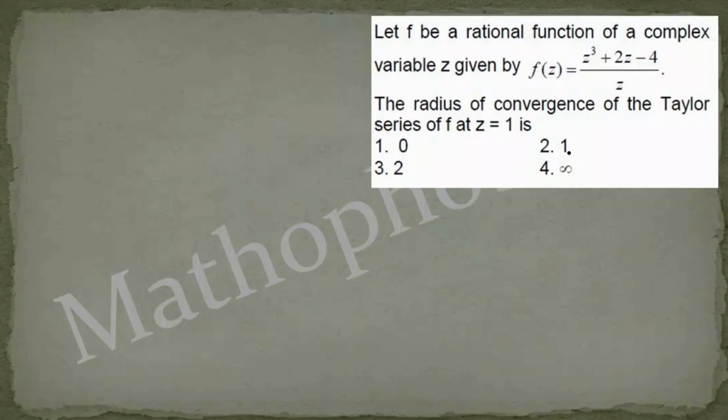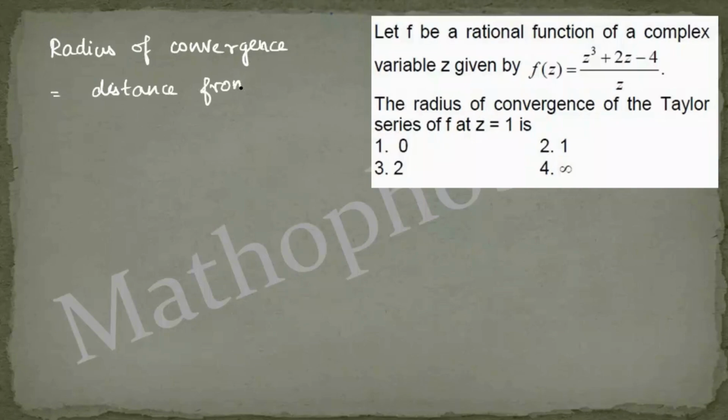So what is the radius of convergence? It is the distance from the point to the nearest singularity.